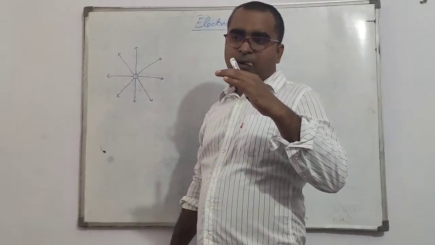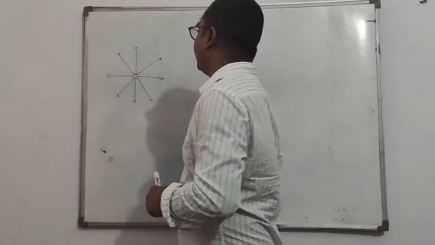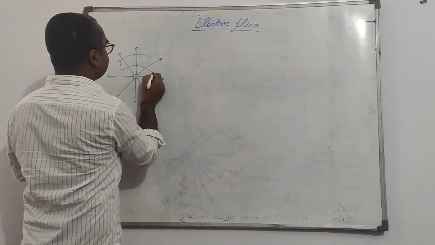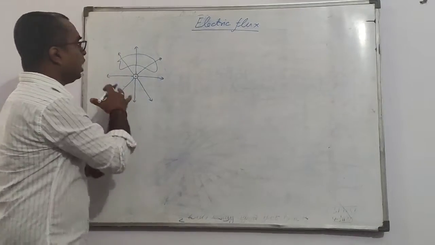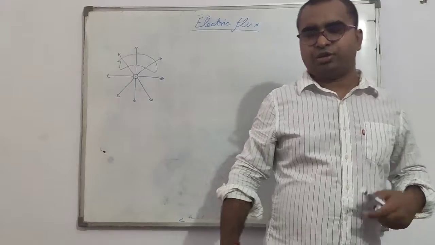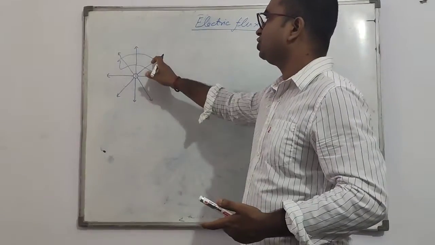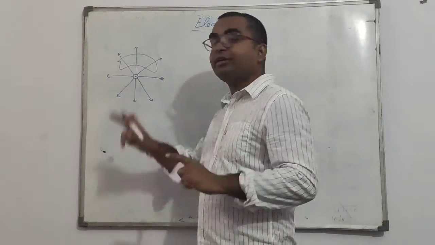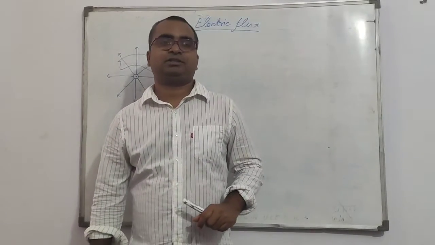So if we put a surface area here, how many field lines pass through that surface area? You can say very easily that through this surface area the number of field lines passing is 3. That quantity is measured by the electric flux.